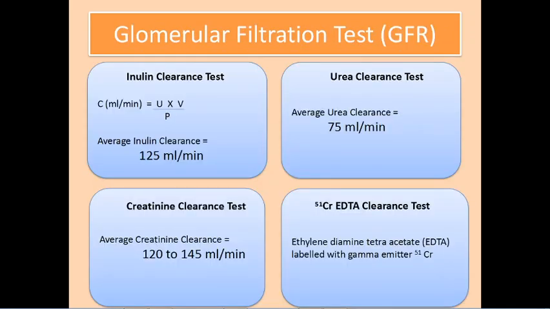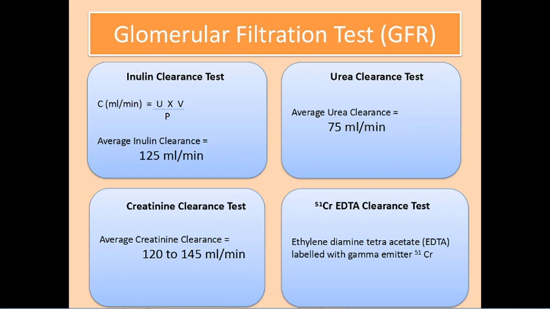The first method to assess kidney function is the test based on glomerular filtration rate. The four tests under this include the inulin clearance test, urea clearance, creatinine clearance, and EDTA clearance test.